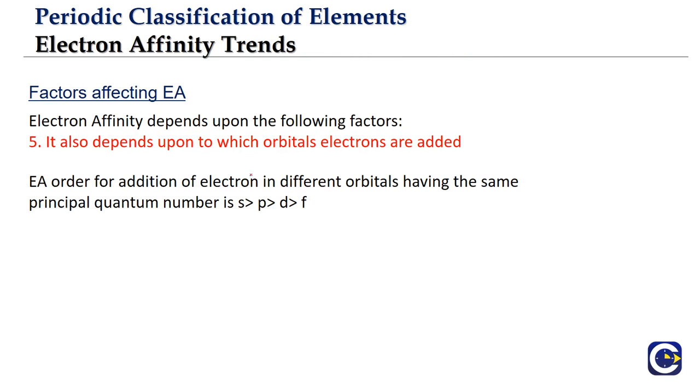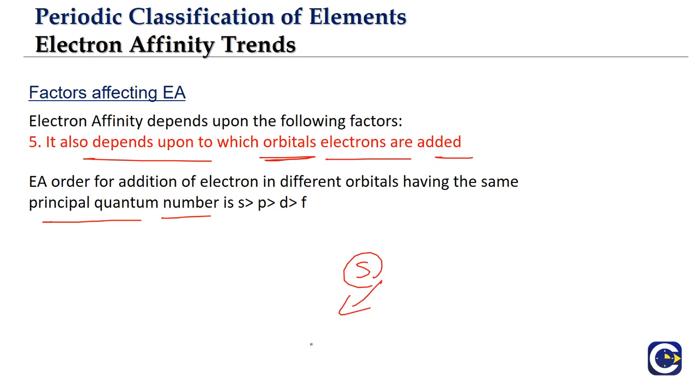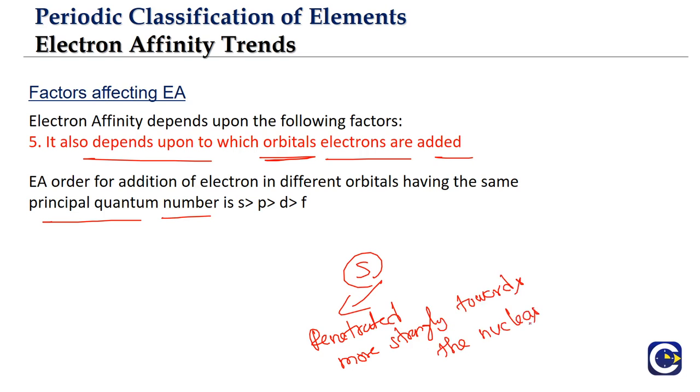And the other factor is the orbitals or subshells to which we are adding the electron. If we are in the same principal quantum number, as we already talked about, the s subshell or s orbitals will be penetrated more strongly towards the nucleus than p, than d, than f.